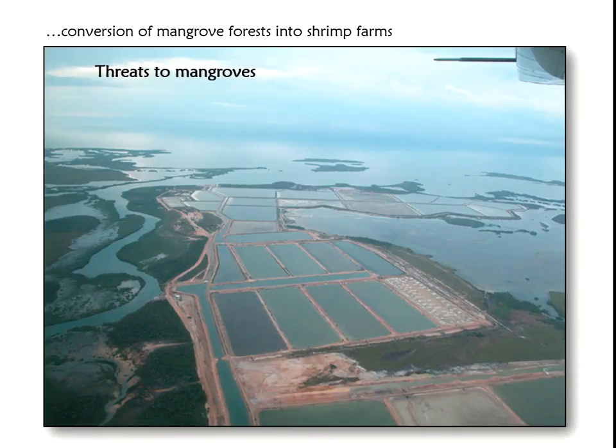For a long time, I think probably until the mid-1960s, they were essentially considered wastelands to be filled in, to be diked.